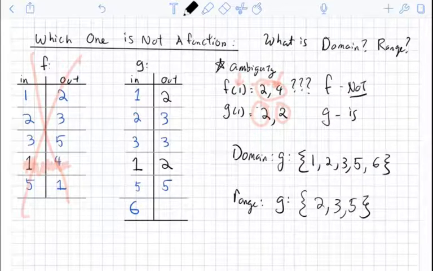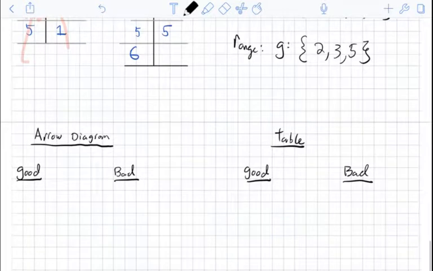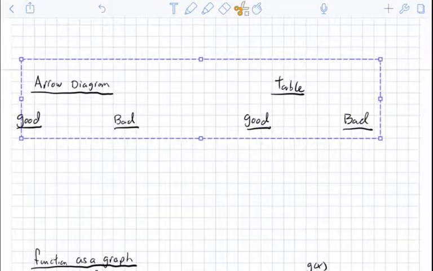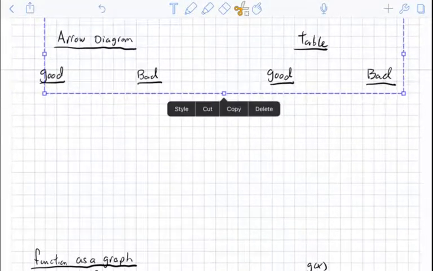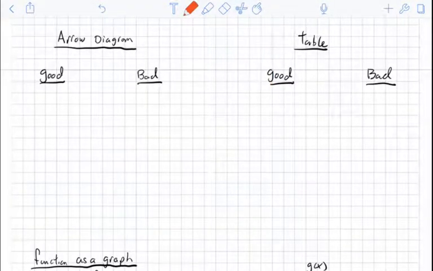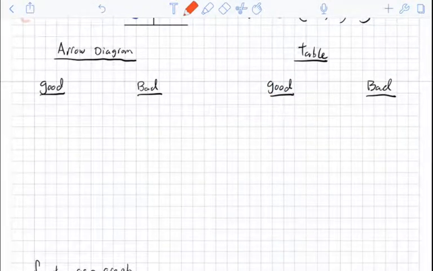Okay. So that's how to talk about the input and output of a function written as a table. And before we go further, let's emphasize here that there are good and bad aspects of displaying functions in different ways. So, for example, with arrow diagrams, it's easy to tell the domain and range.